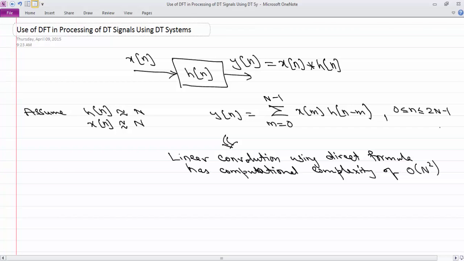So what we instead want to do is use DFT, and when I say use DFT, effectively use the FFT algorithm to compute the DFT to do linear convolution.